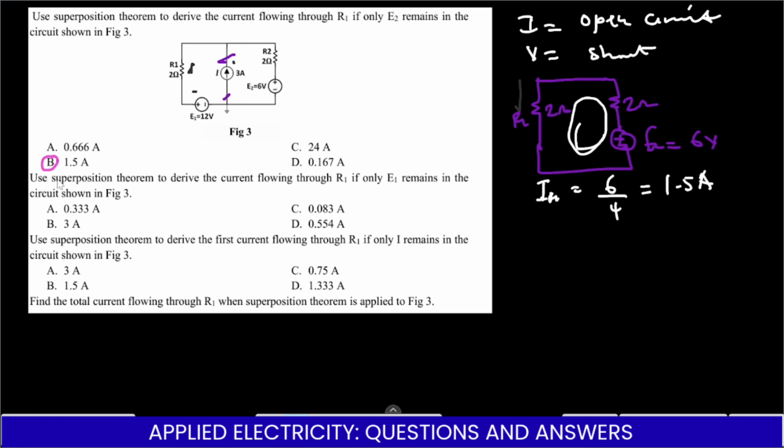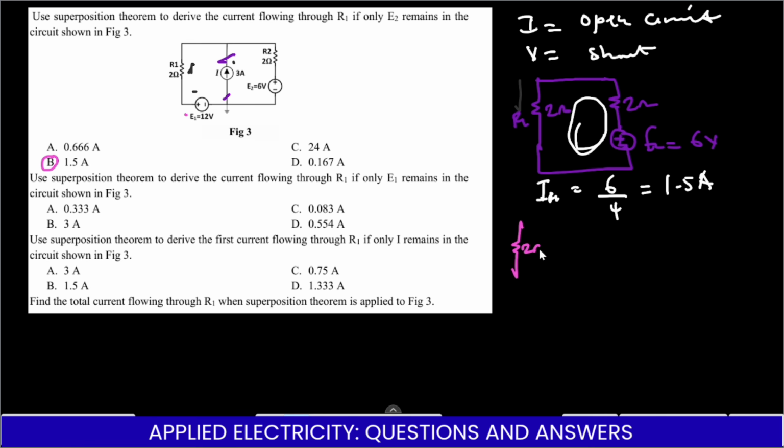The next question states that we use the superposition theorem to derive the current flowing through the same R1 if only E1 remains in the circuit. So E1 stays in the circuit, but we take E2 and I out. We get a resulting circuit like this.